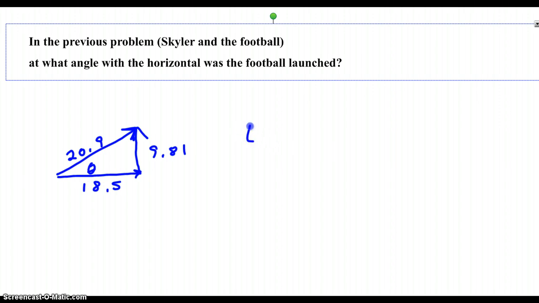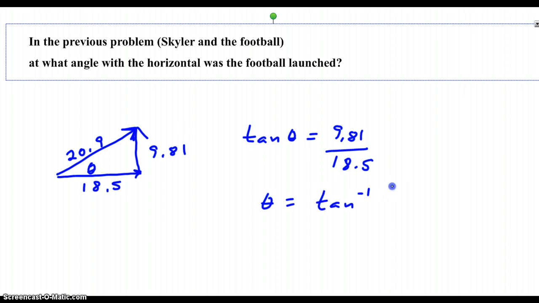I chose to use the tangent function. The tangent of an angle theta is equal to the opposite side over the adjacent side, or in this case, it would equal 9.81 divided by 18.5. So if we use the inverse tangent, we can find the actual angle itself.